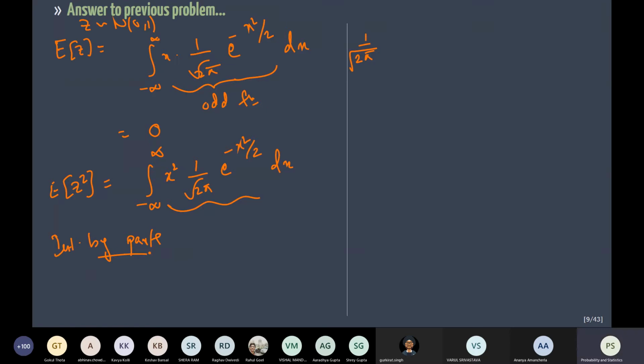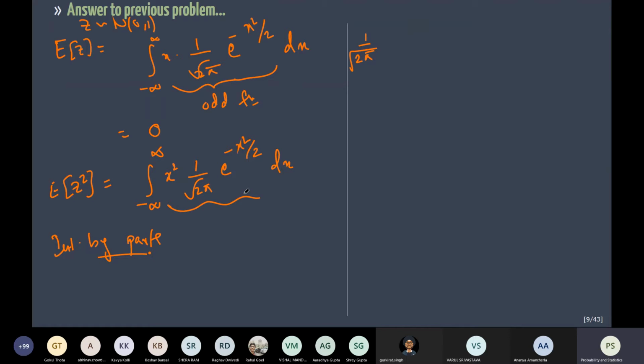So if I do integration by parts, which one should I take as the first function, whichever is easier, right?